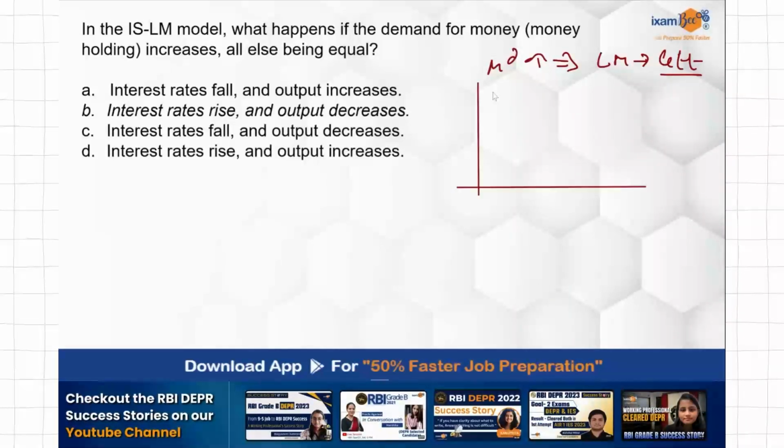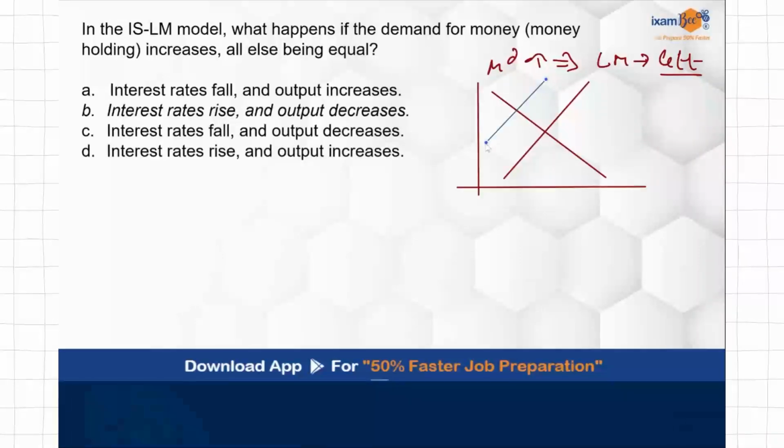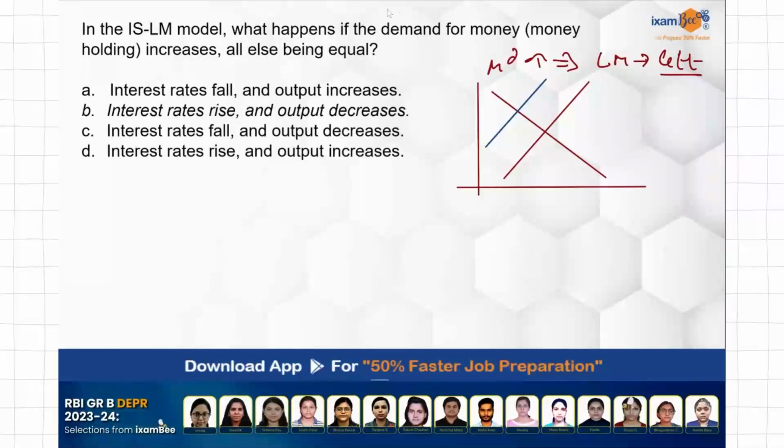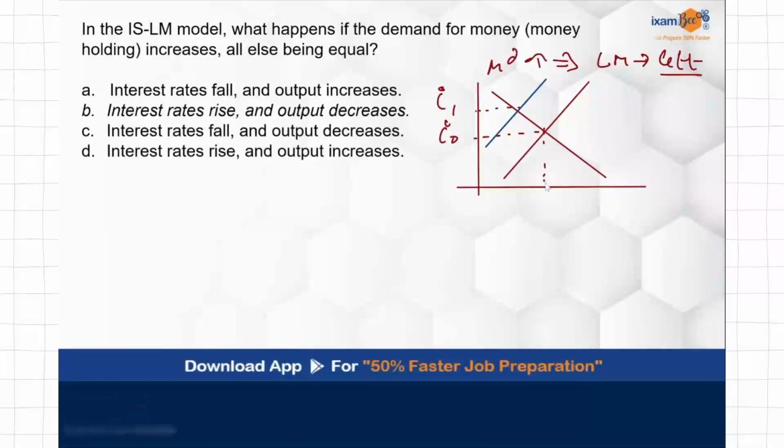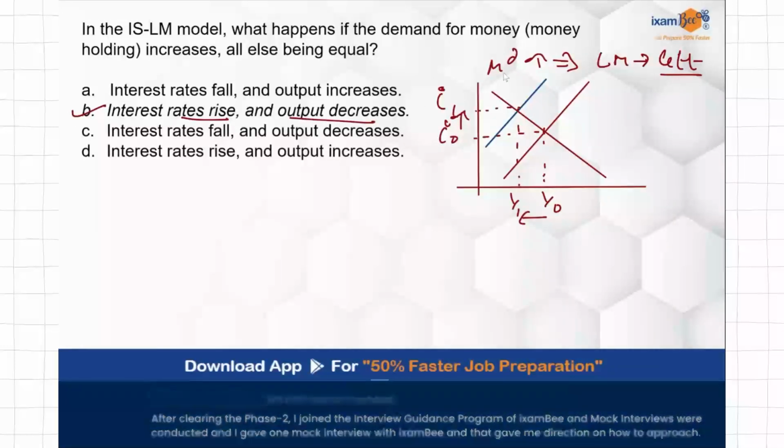Let's say we have this IS, we have this LM, and since the LM curve is shifting left, earlier your interest rate is I0, now your new interest rate is I1. Earlier your income is Y0, now your new income is Y1. So income is decreasing, interest rate is increasing. So in this case, interest rate rises and output decreases is the correct option.